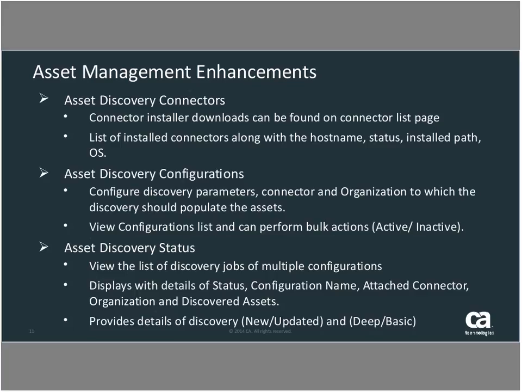And also we have asset discovery configuration. This was something we had earlier, but we have extended it with the configuration name, the organization name to which the discovered system should populate, and also the connector on which this particular discovery should run.